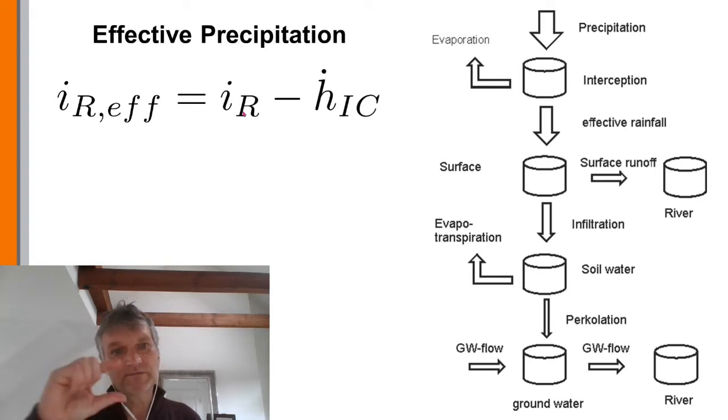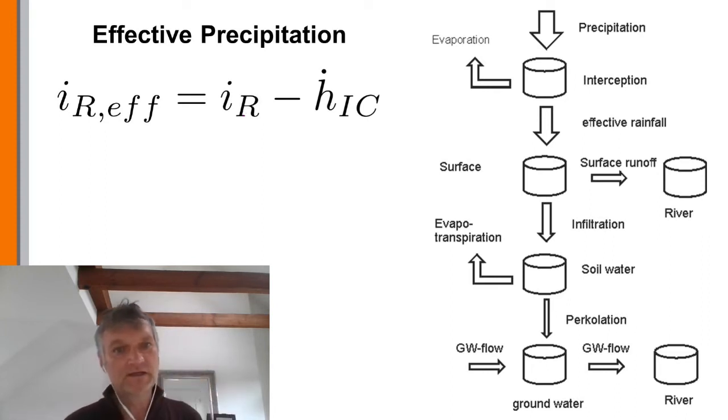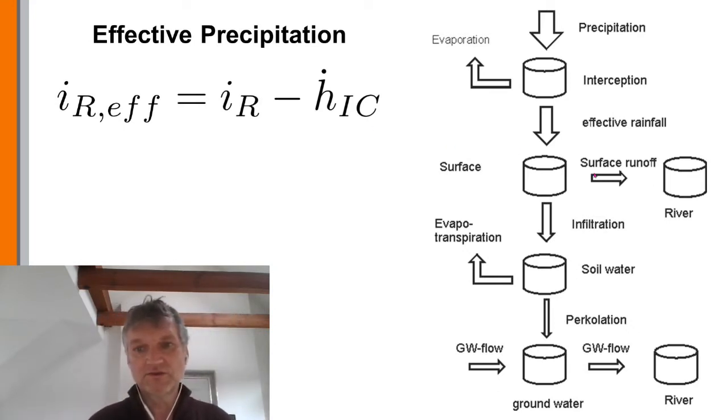When this is the rainfall height per hour or the rainfall height per day or whatever, then this is the interception rate per hour or per day, and the remainder between rainfall on the one hand and interception on the other is the effective rainfall, which comes finally to the ground.